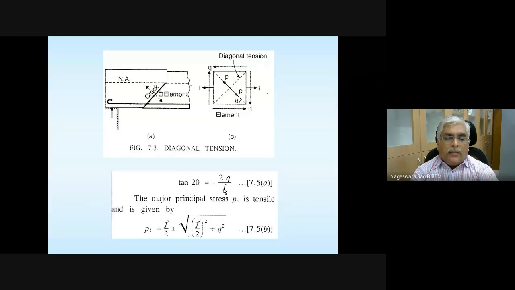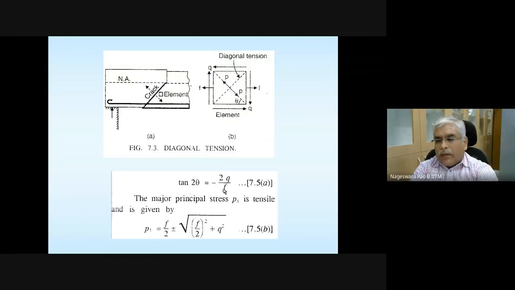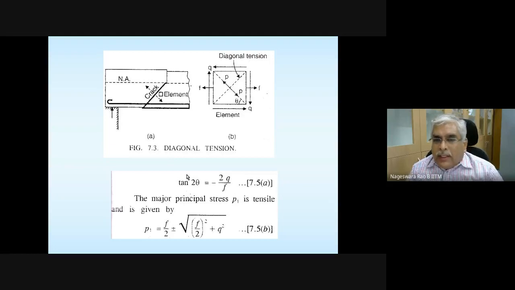What is the value? 45 degrees. What? Theta is equal to 45 degrees? Yeah. Okay, excellent. So theta is equal to 45 degrees.